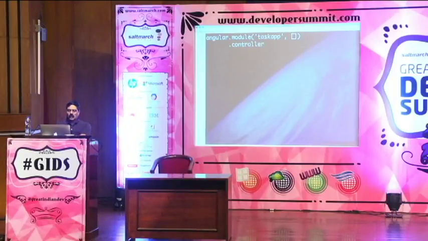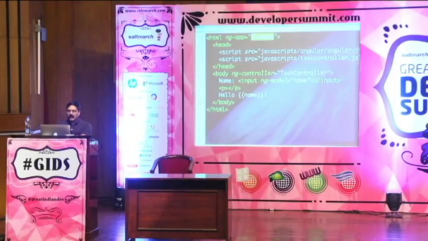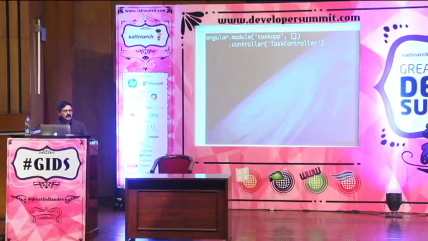Then I say controller, and what is the name of my controller? Well, it's my task controller. And all I'm going to provide at this point is a function that I'm going to create. Let's just start with this and say alert, let's say created for now, right? So that's all I have, just a little created message.